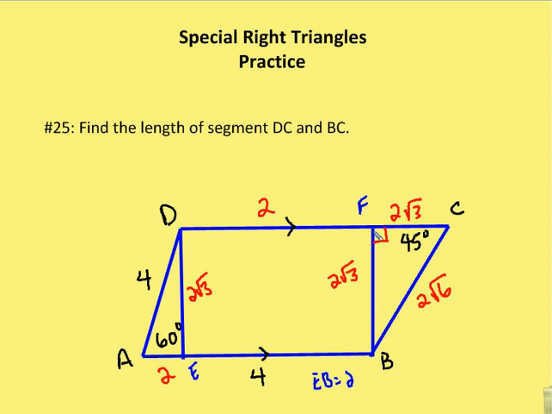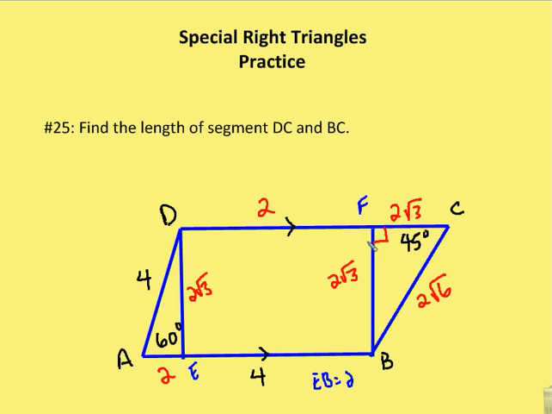In this case, if this is 2, I also know that this length FB is going to be 2 root 3 because both DF and EB are parallel, so the distance between DE and FB is going to be the same. I have two altitudes drawn from two parallel lines.